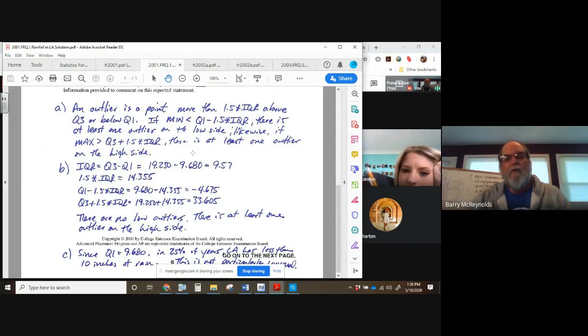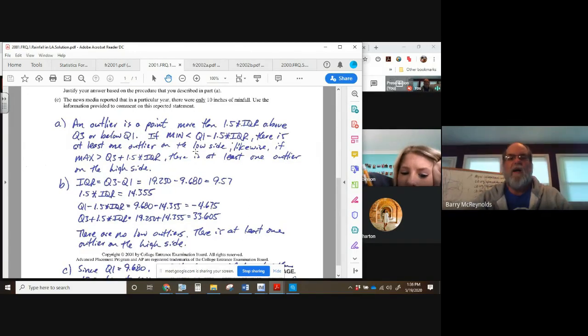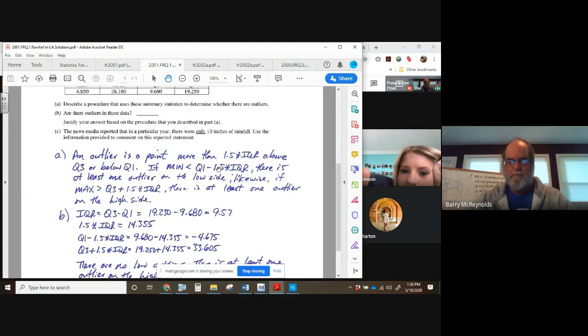Now, I will also say this, that you do not have to use this 1.5 times IQR method. Remember in class, we talked about what if the data were normally distributed and we had a mean and standard deviation. Is there a way to classify or quantify an outlier?